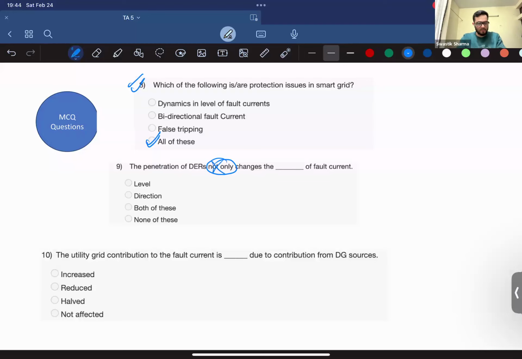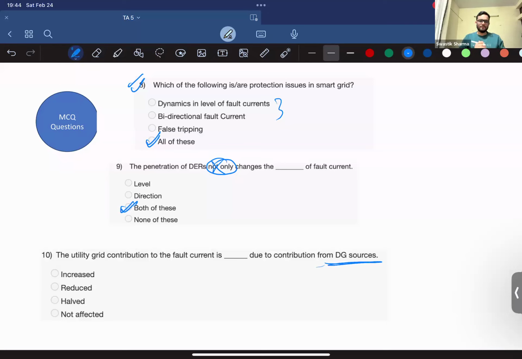Can anyone tell me what is the correct answer? We discussed, right? So it's both level and direction. Yes. Last, the utility grid contribution to the fault current is dash due to the contribution from DG resources.